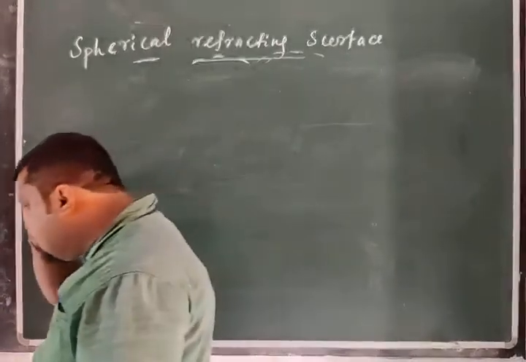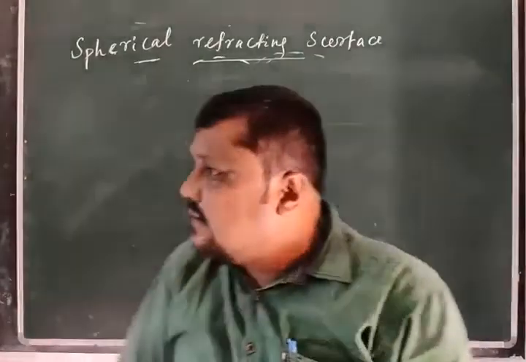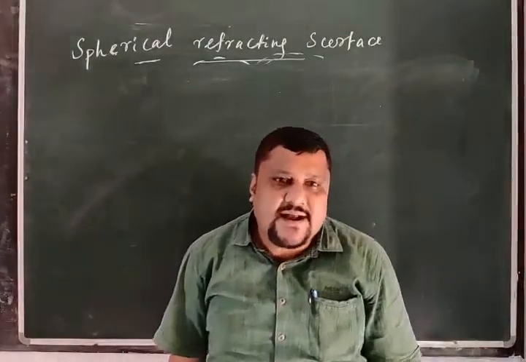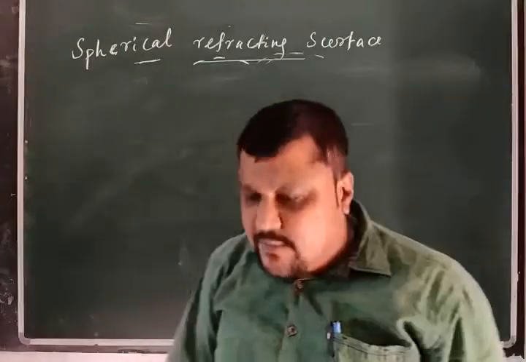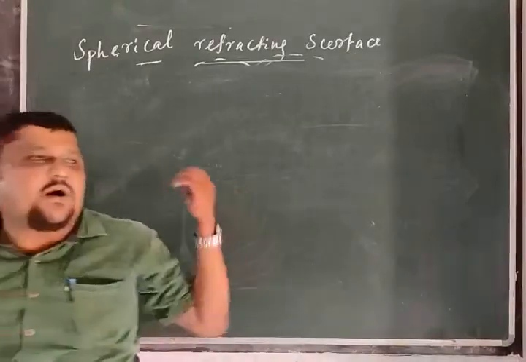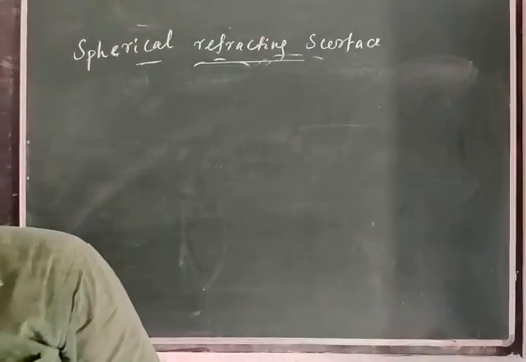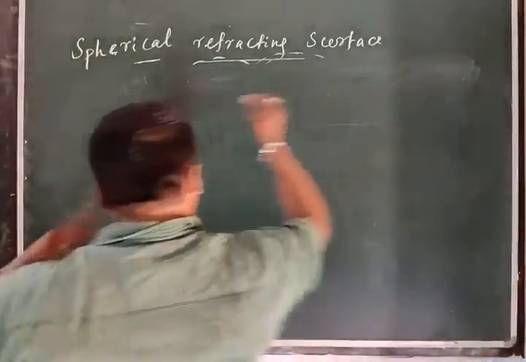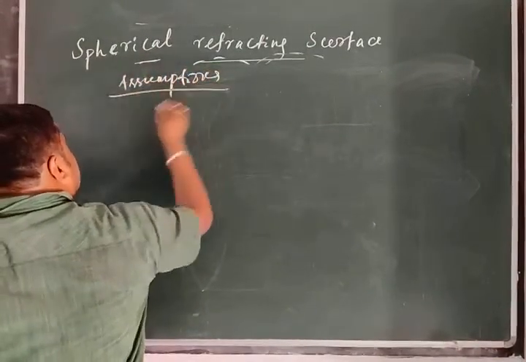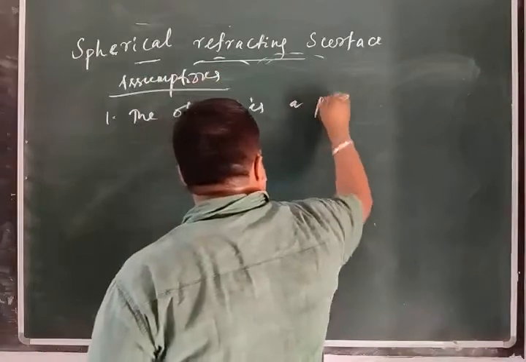Here, when we draw the ray diagram, we always consider the object to be a point object, not an extended object. These assumptions are most important. Number 1, the object is a point object.